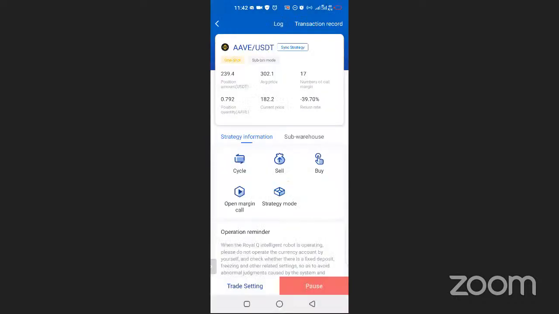What should I do, so that he continues to buy? Cancel the strategy you are using, all right? And start another strategy. If you have put your coins in one shot, put it also in sub-bin mode.